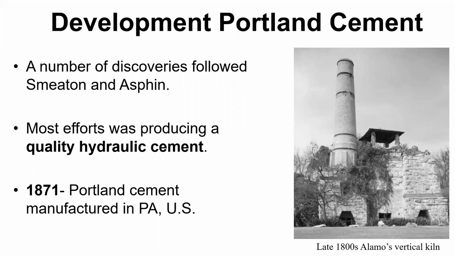And we'll talk more about ASTM C150 and Portland cement, the 5 different types that there are, coming up. So when we talk about the development of Portland cement, after Smeaton and Aspin, it really started taking off after Aspin put in that patent, and people were just like, I need to figure out how to make this Portland cement so that we can start building structures with it, because this is great.